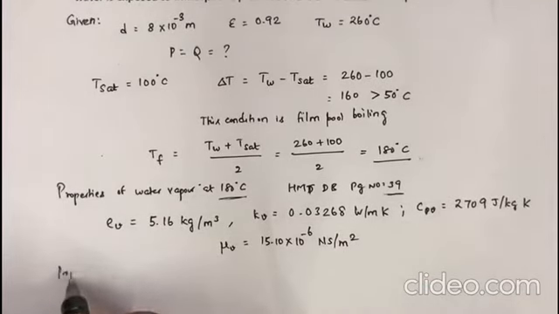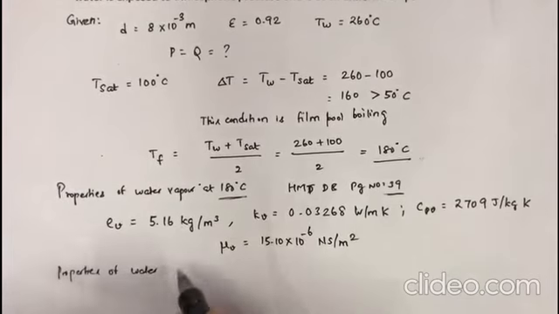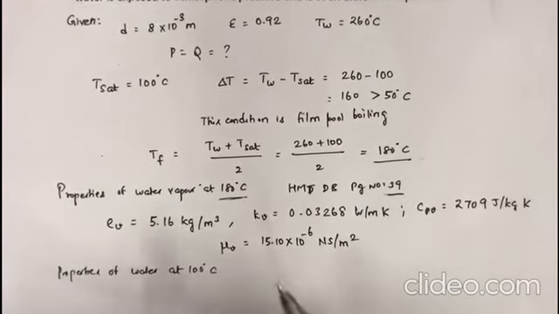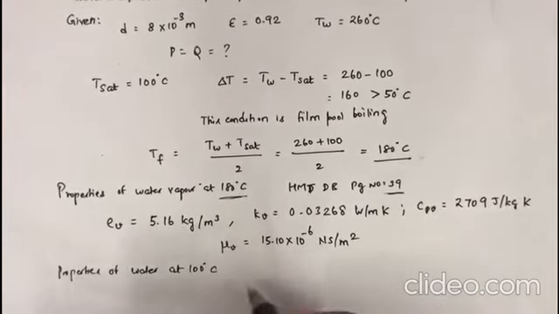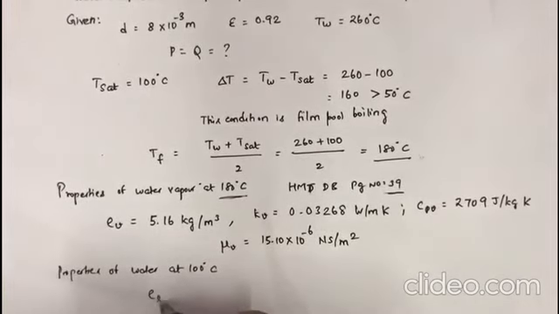You also look at the properties of water at 100 degrees Celsius. So we need some values to be substituted into the relation. For example, this density, it is going to be 961 kg per meter cube.